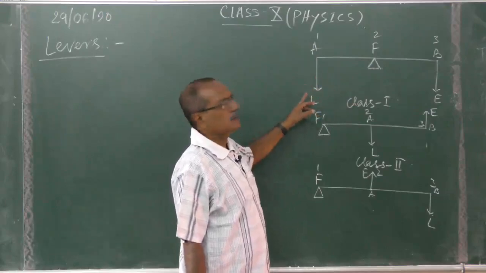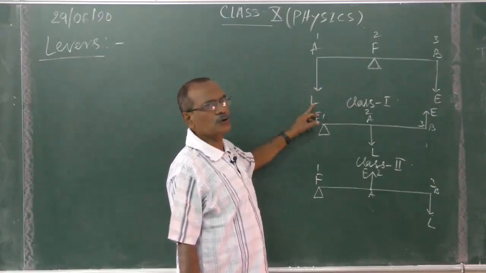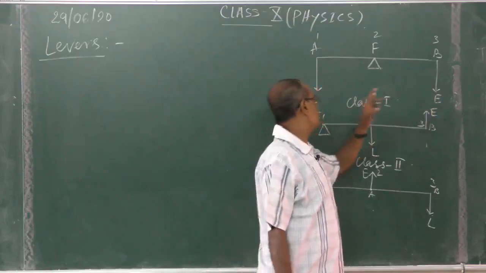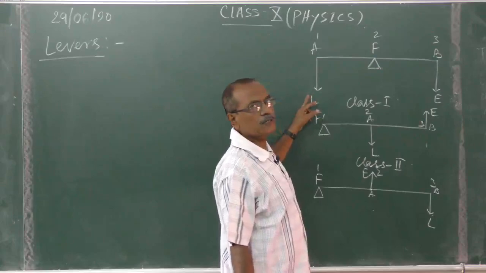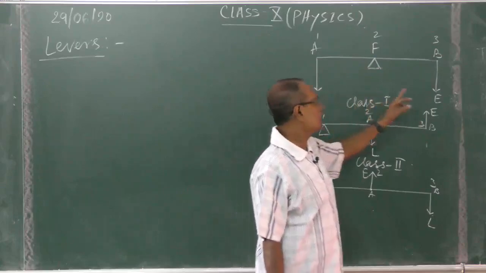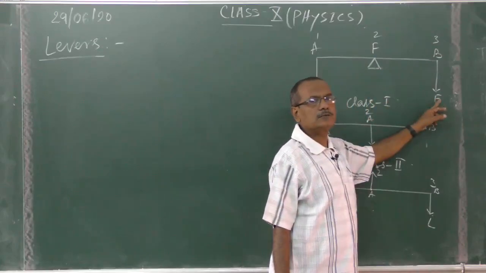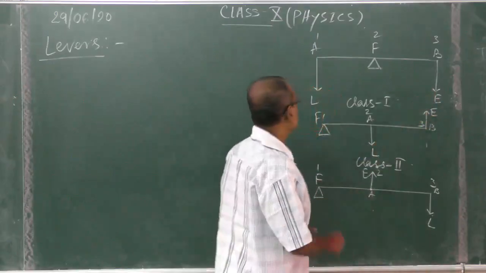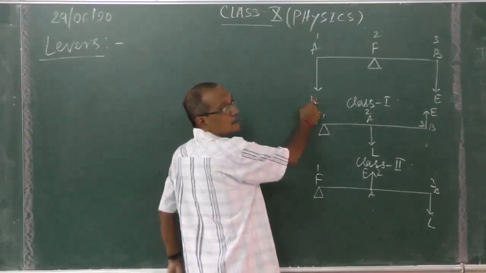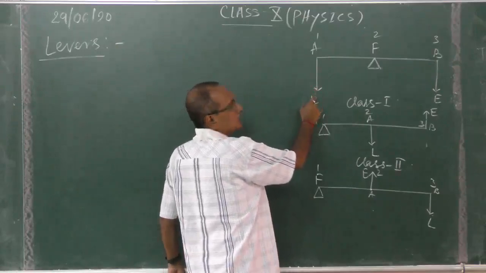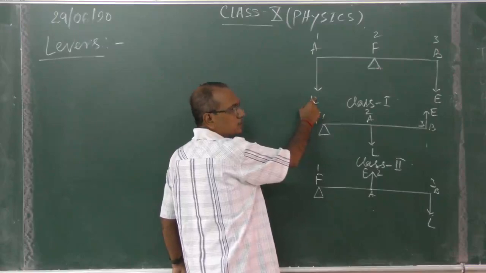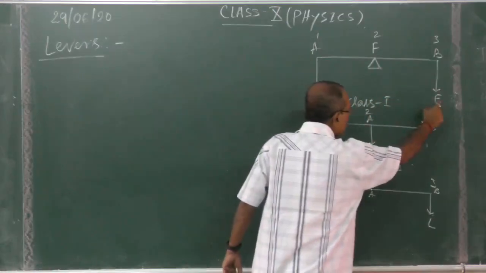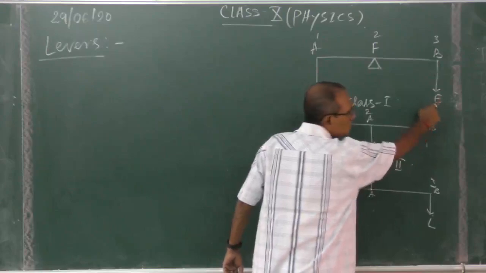The clockwise moment due to load must be equal to the anti-clockwise moment due to effort in the equilibrium position. Or, the anti-clockwise moment due to load is equal to the clockwise moment due to effort.